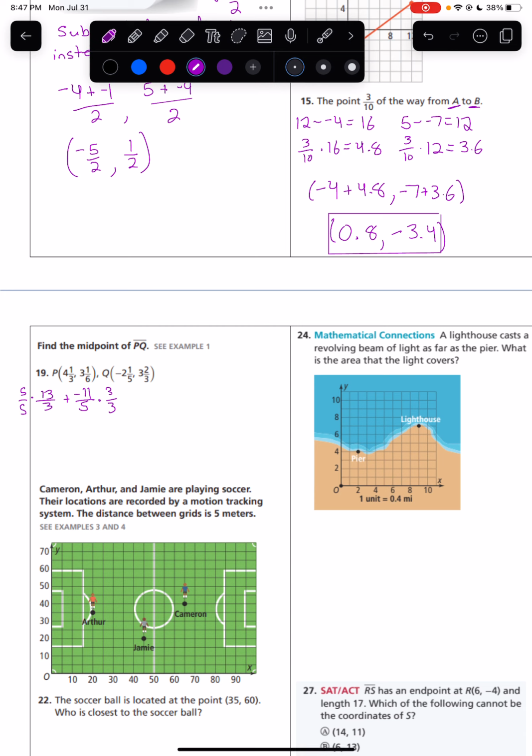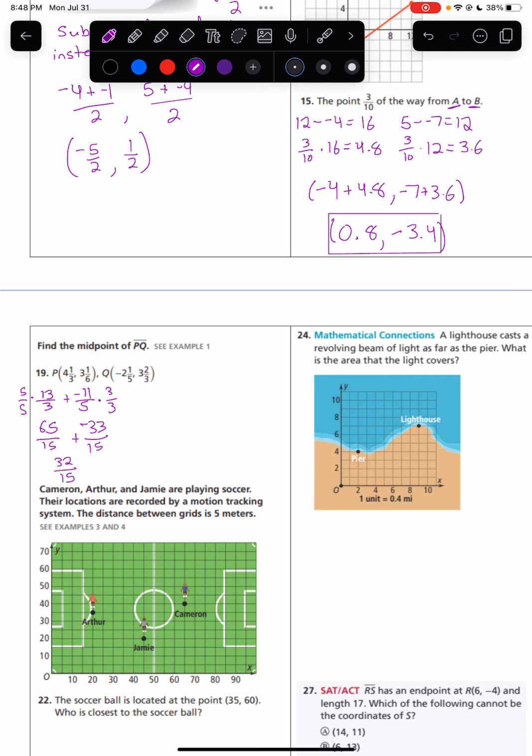I end up with 13 times 5, which is, give me a minute here, I have a calculator, I don't need a calculator, it's 65. 65 15ths plus negative 11 times 3, which is negative 33 15ths, which ends up giving me 32 15ths.